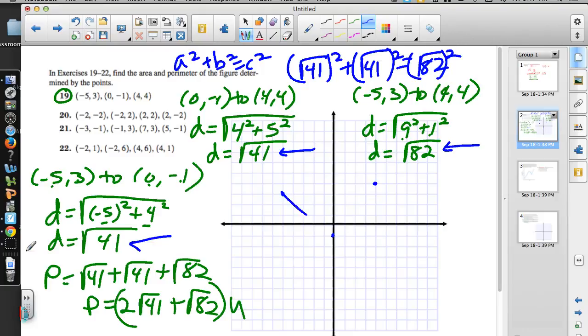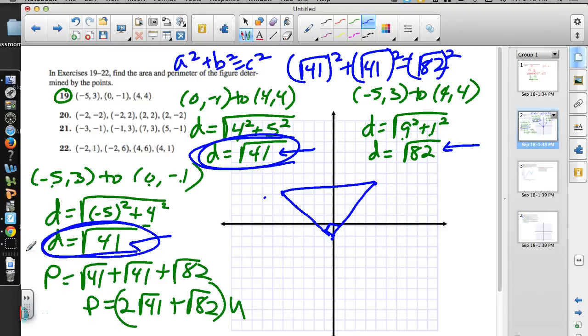And you realize that from negative 5, 3 to 0, negative 1 is the base or the height, and from 0, negative 1 to 4, 4 is the other. So base or height actually. These two are your base and your height.